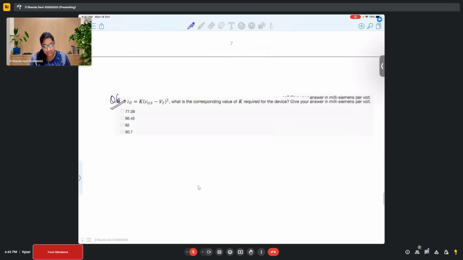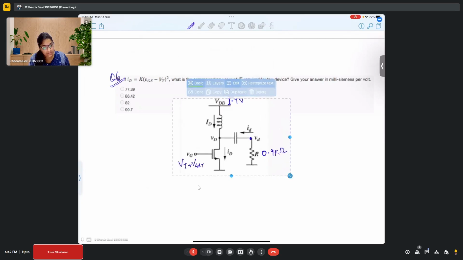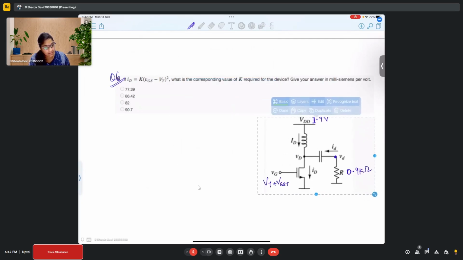Okay, so now moving on to the next problem. In this problem, it is given that ID is K times VGS minus VT whole square. What is the corresponding value of K required for the device?